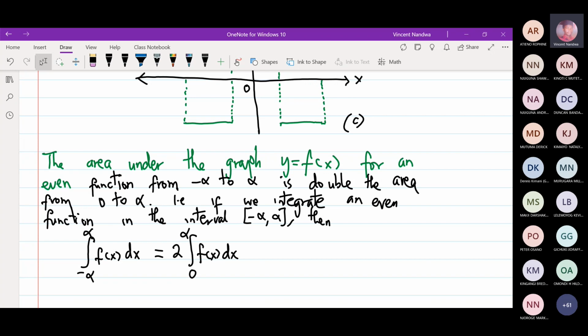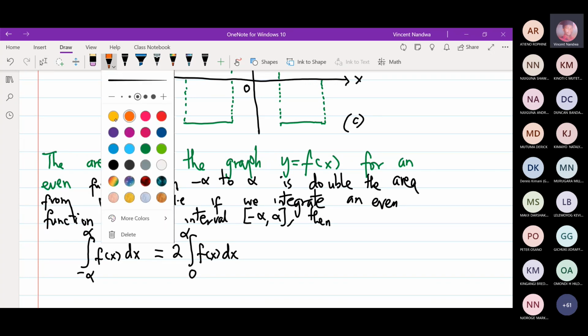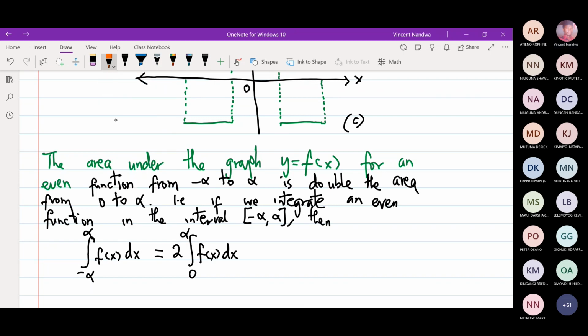It's a very powerful result that will help us to simplify integration of even functions when we have an interval defined as negative alpha to alpha.